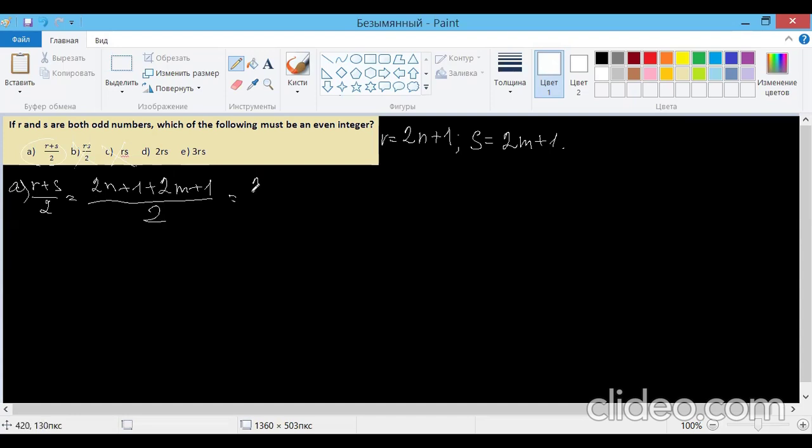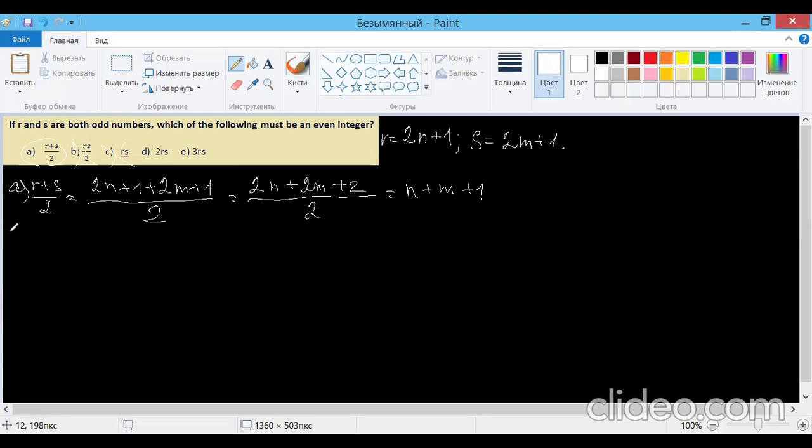Okay, and we've got 2n plus 2m plus 2, because 1 plus 1 gives 2, over 2. We've got n plus m plus 1, because we can put 2 out of the brackets, and the 2 in the numerator and the 2 in the denominator cancel each other. And finally, we'll get n plus m plus 1. But it means only one thing, that this number cannot be an even integer, because it is clear that it's not divided by 2, yielding an even integer.